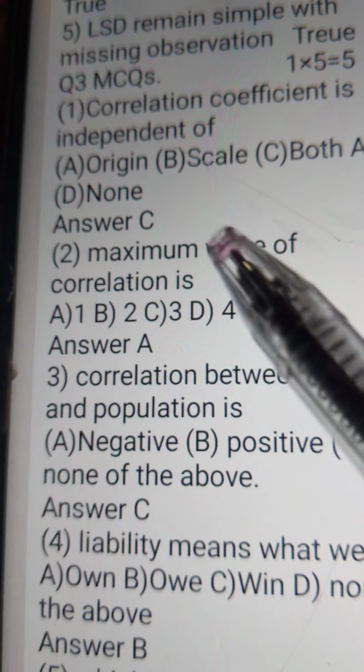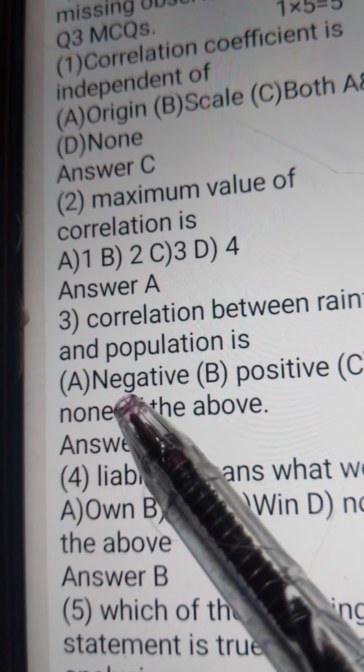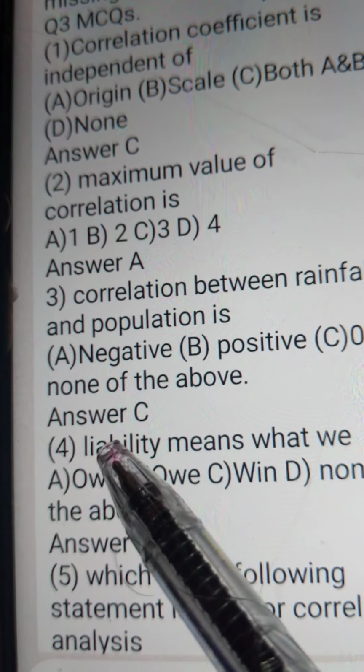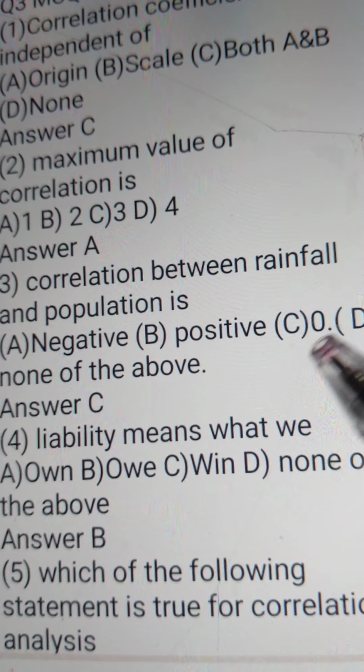Answer A, which means 1. Next, correlation between rainfall and population is A negative, B positive, C 0, D none of the above. Answer C, which is 0.